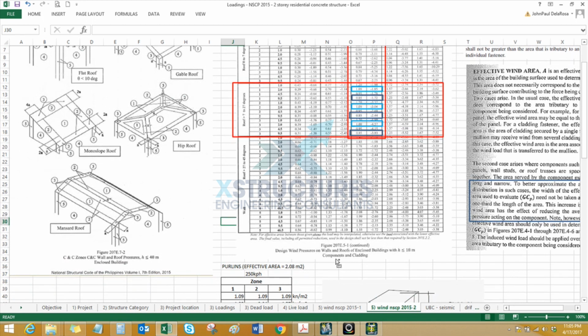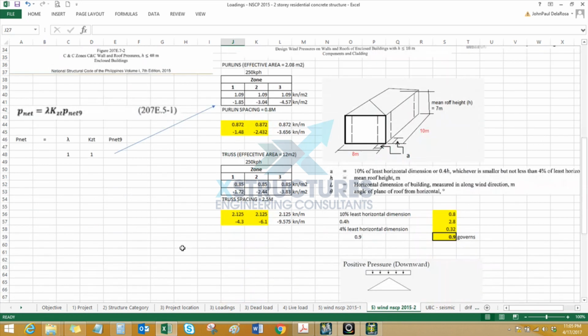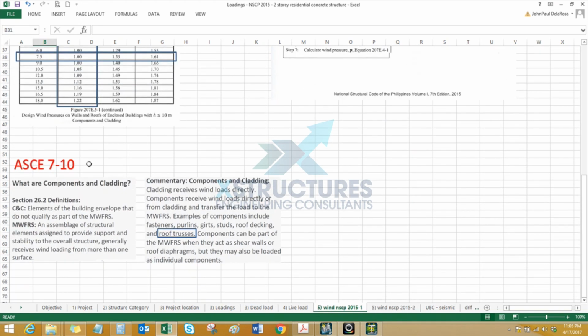So, para sa components and cladding, take note, no? Kailangan yung kukunin nating forces is para sa components and cladding, hindi sa main wind force system. So, ayun, ito yung definition sa ASCE 7-10.